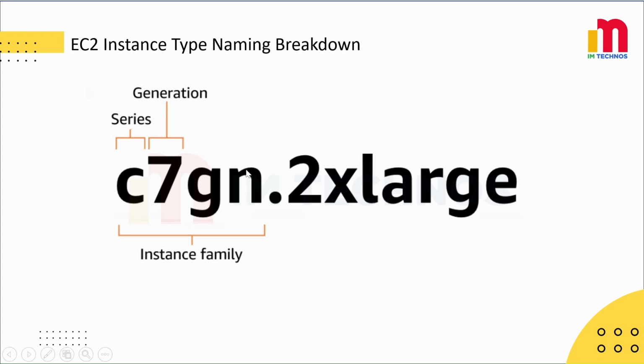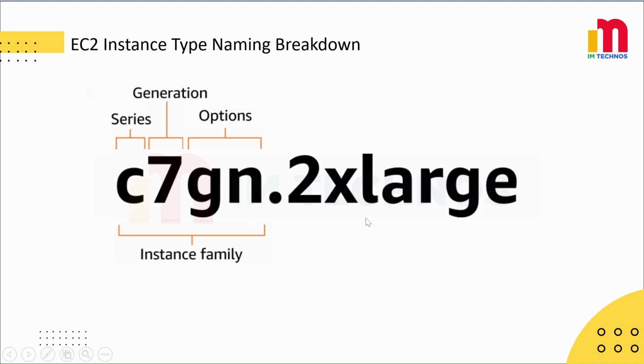Then we have gn. These are called options or suffixes. They indicate specific variations of the instance. For example, they might tell you about the processor type or enhanced networking features. Again, you don't need to memorize all of them right now. Just understand that they add more detail to the instance.